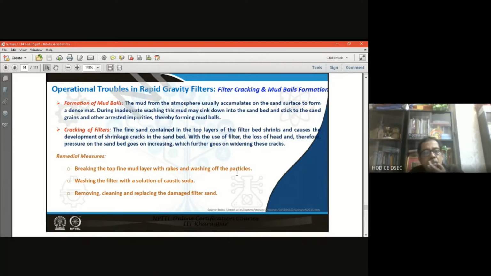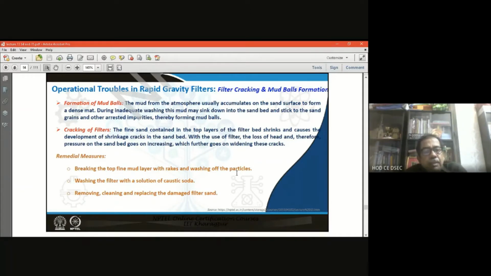So it goes on increasing. The formation of mud balls in spherical shapes takes place due to inadequate washing of the filter, because the mass already forms a dense mud due to the inadequate wash, and sinks down into the sand bed and sticks to the sand grains, forming the ball.